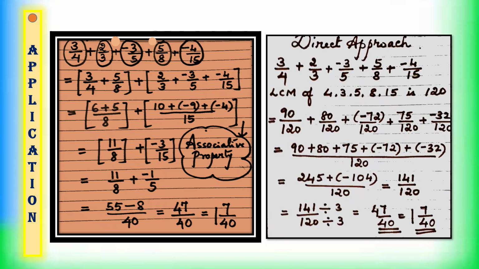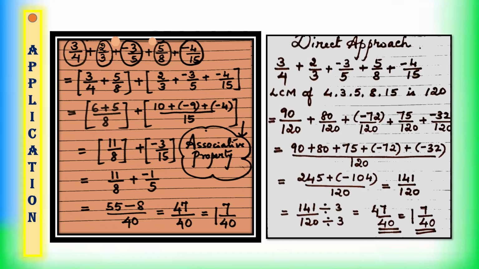In this, we need to see which denominators need to be combined. So when 4 and 8 are combined, 8 becomes the LCM, and when 3, 5 and 15 are combined, 15 becomes the LCM. So go ahead in the same manner as the previous one.